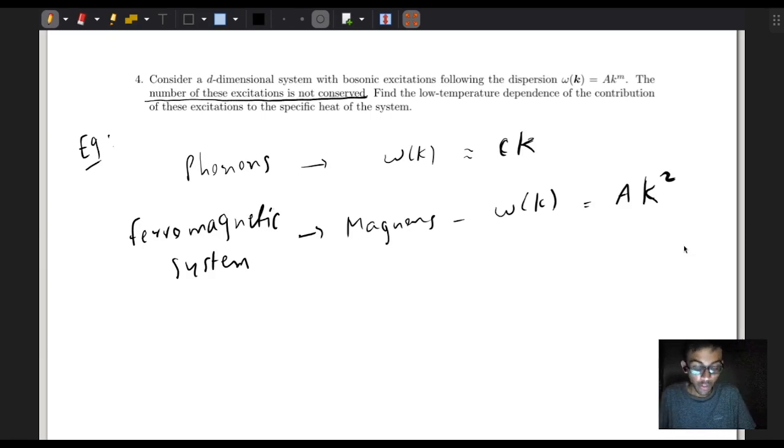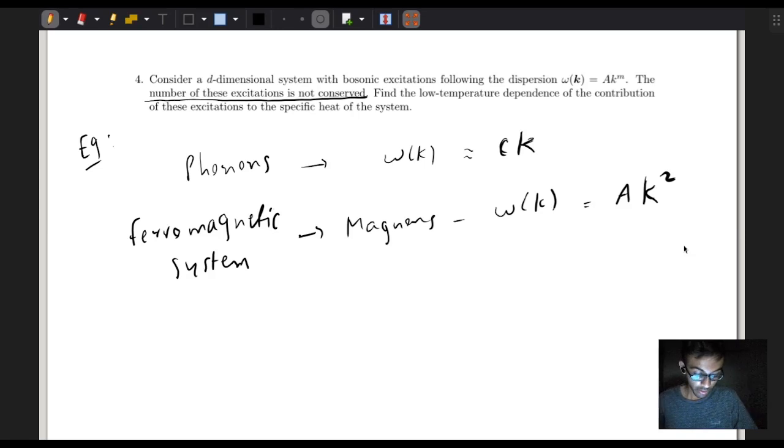It is very similar to the photon gas in the sense that even in the canonical ensemble, we have to allow all the microstates with varying total number of particles. So there's no chemical potential, or you can set it to zero.